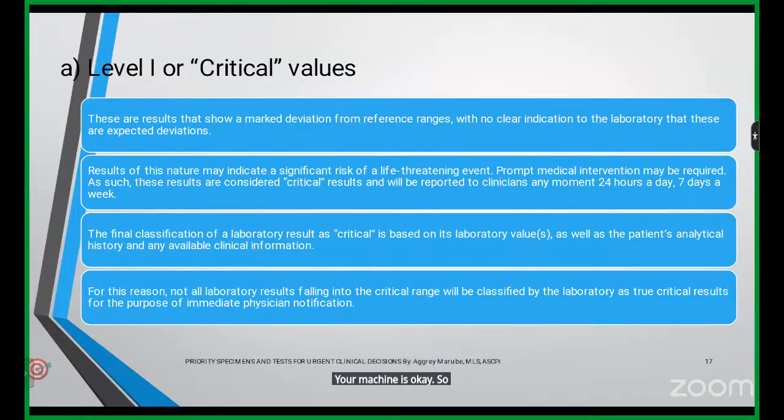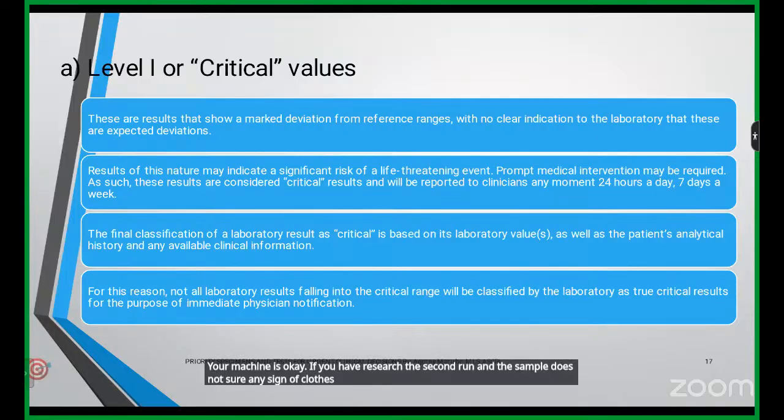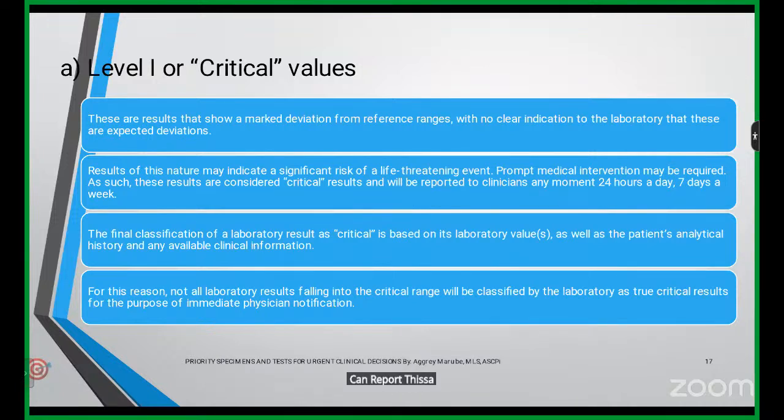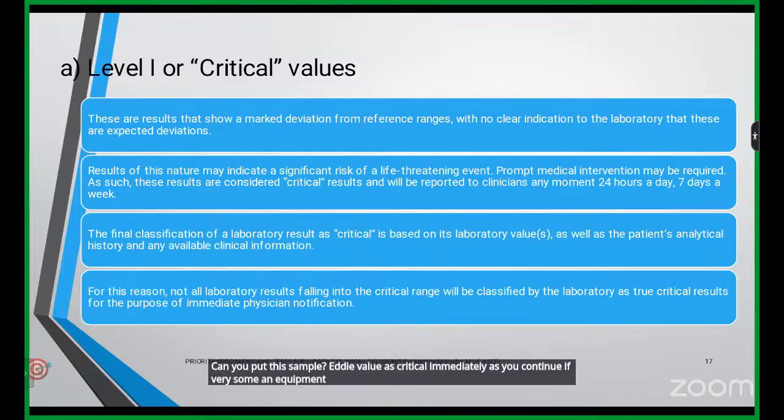If you have rechecked the second run and the sample does not show any sign of clots, kindly report this value as critical immediately. If there is an equipment malfunction, you better communicate these results until further advised otherwise, so that you come back to review whether your machine is functioning properly or there is an issue somewhere.